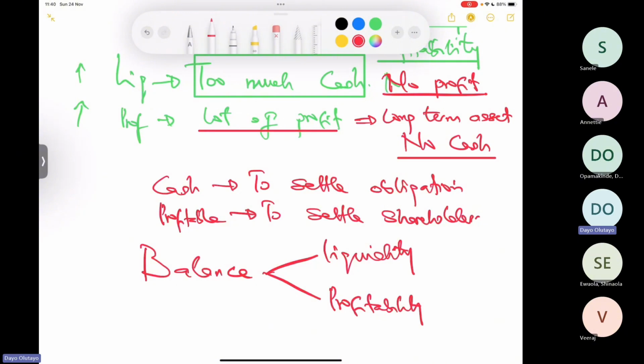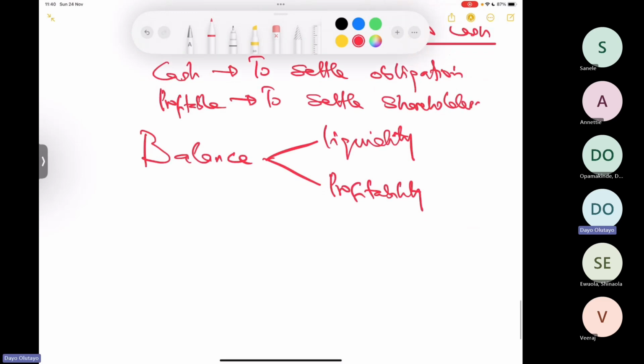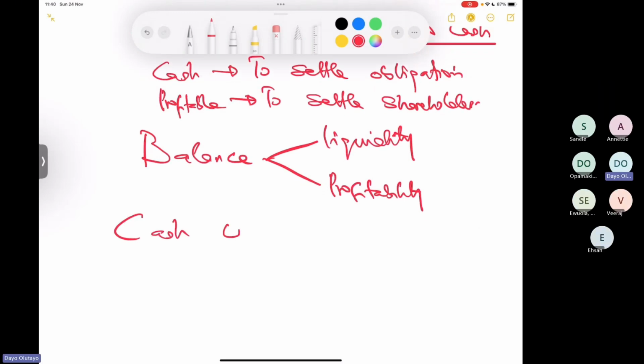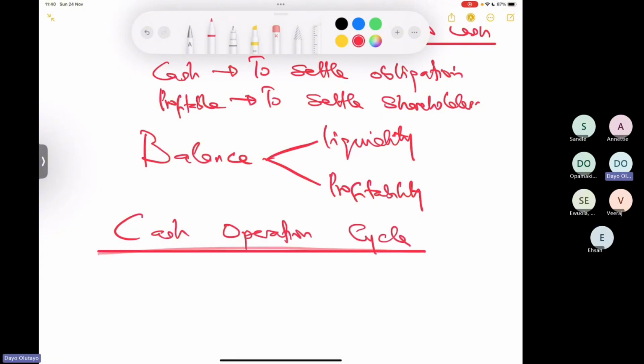And that is why we do working capital management. And for you to be able to do that, you need to understand the concept of cash operation cycle. Very important. And what is cash operation cycle?